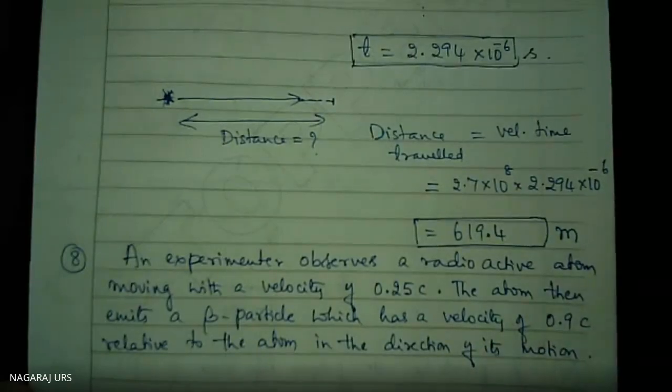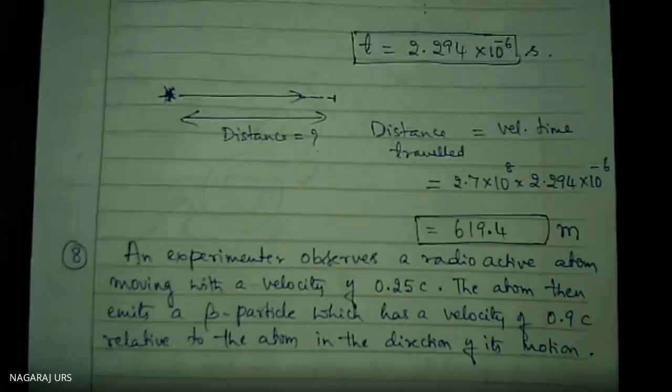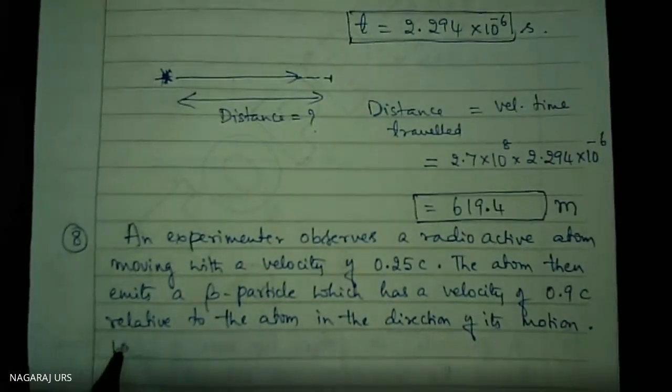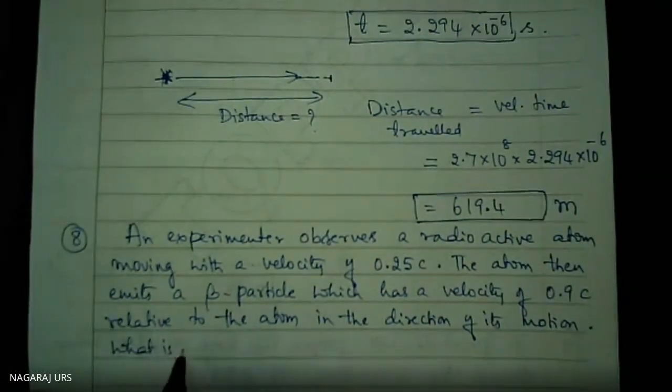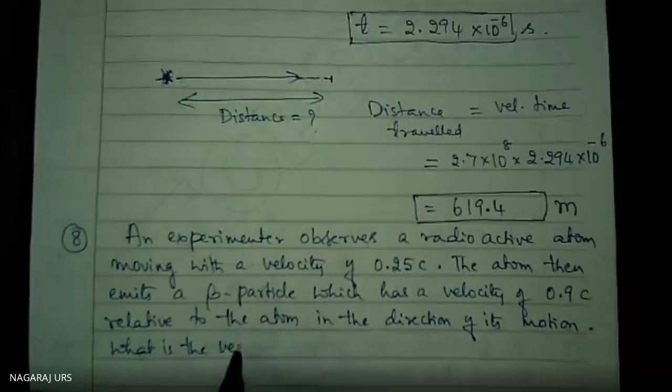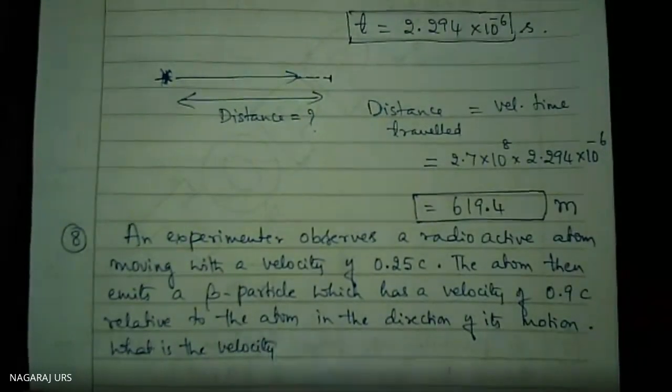What is the velocity of the beta particle as observed by the experimenter?